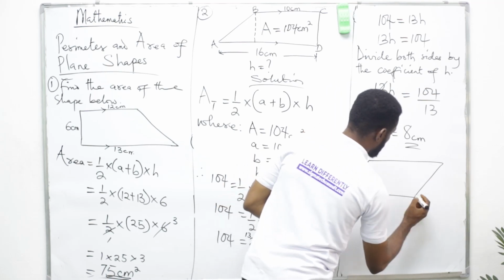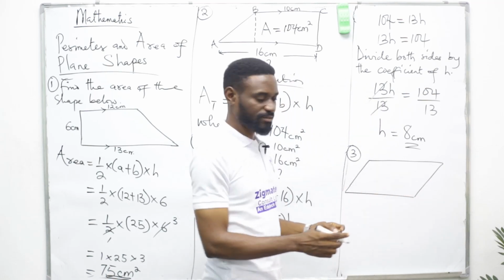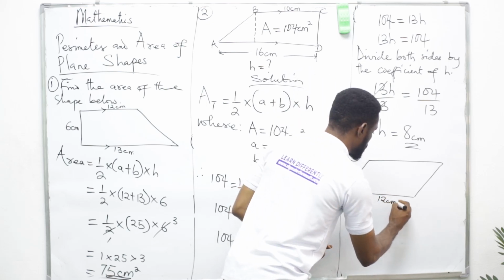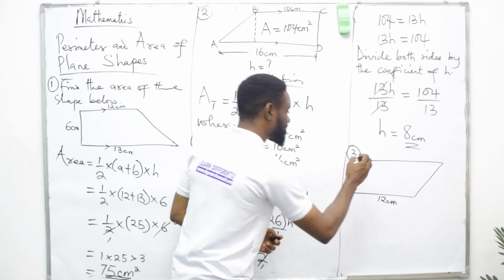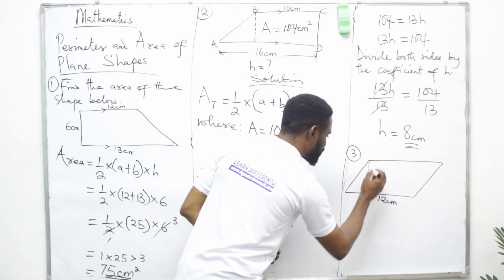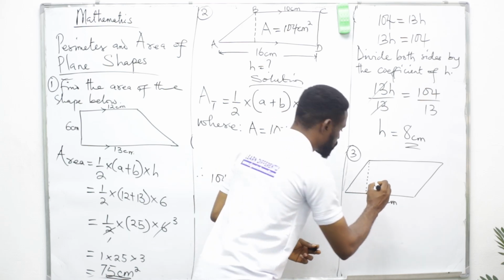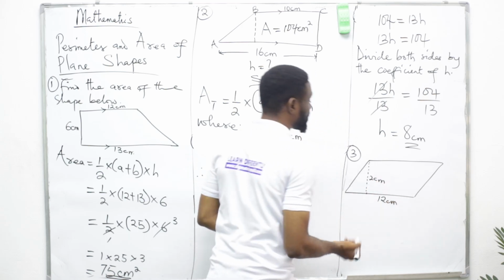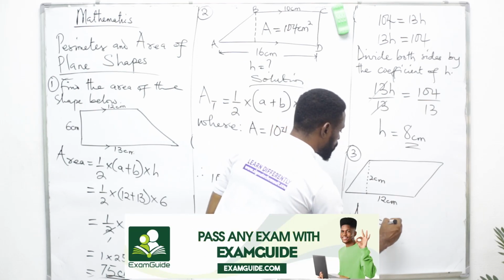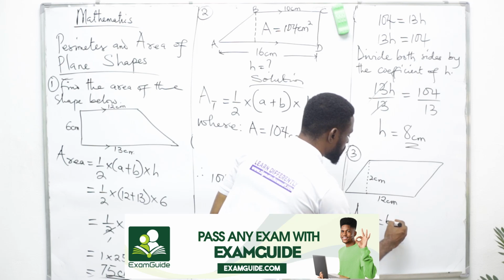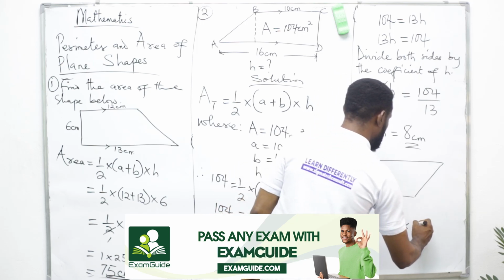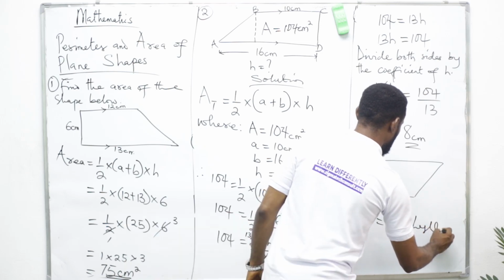Okay. So they say the base. So this is our base. Our base is 12 cm. And they say the height. So this is the height of the parallelogram. So this height, they said, is 2 cm. So this is simple. Area, of course, is equal to base times height.